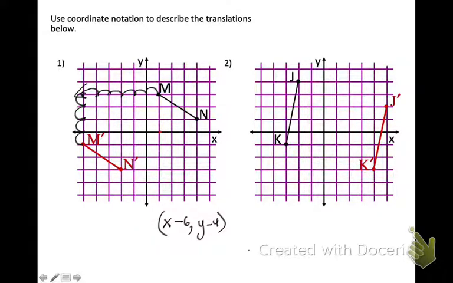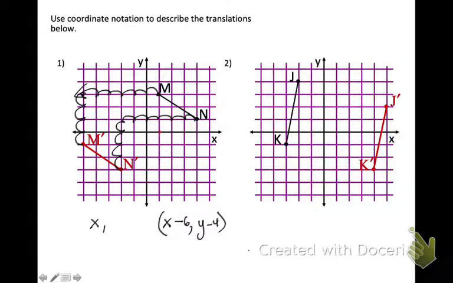Now you'll see that each point, we don't actually even need that. Each point is doing the same thing. So if I start on N, and I go over 1, 2, 3, 4, 5, 6, and then go down 1, 2, 3, 4, you'll see that I landed at N prime.